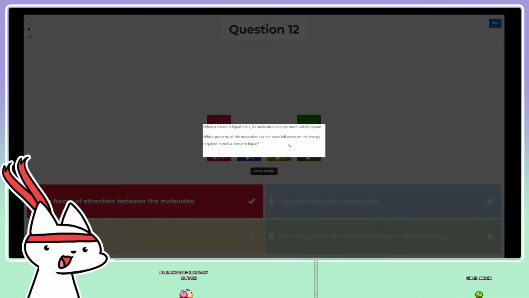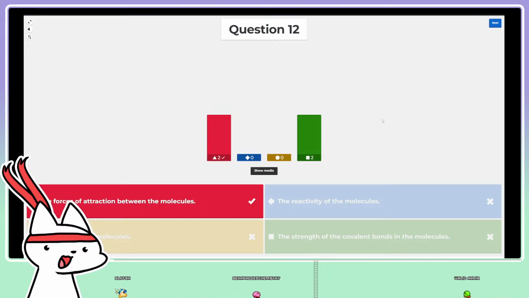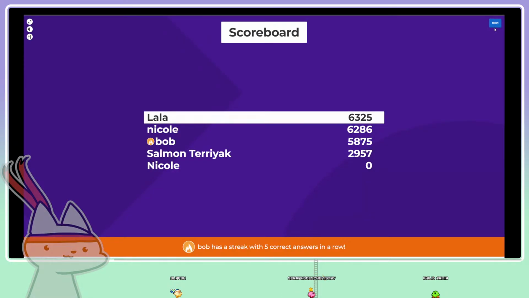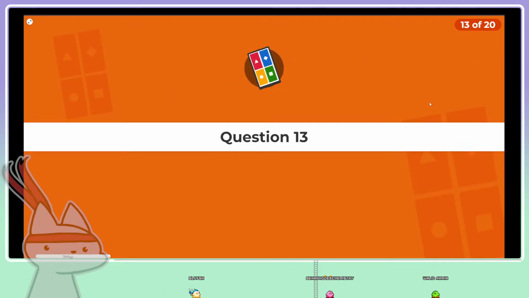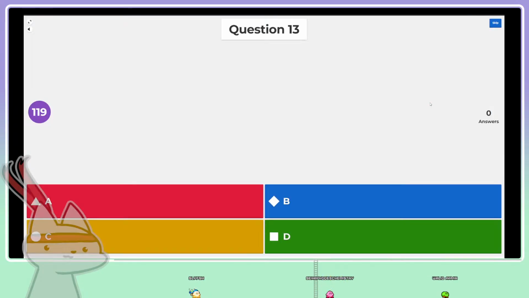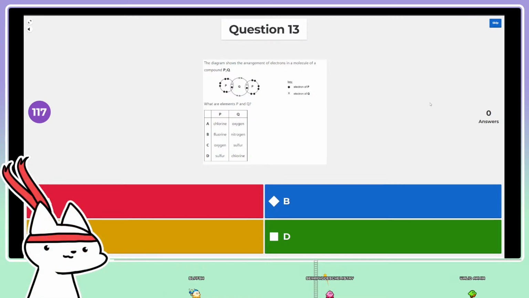The covalent bonds are never broken for state change. If covalent bonds are broken, it becomes thermal decomposition. Okay, question 13 is another cross and dot diagram drawing question.